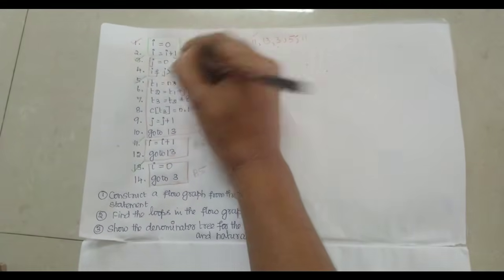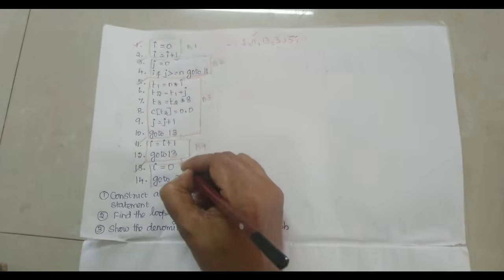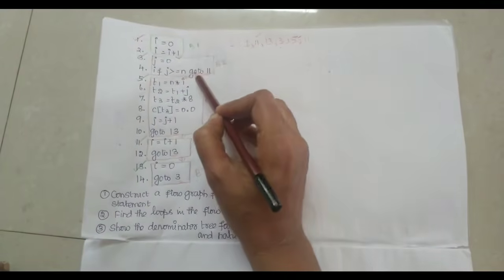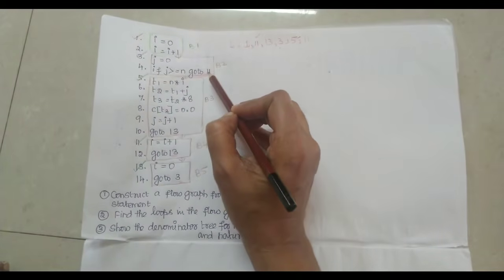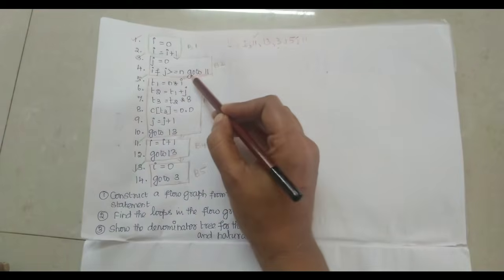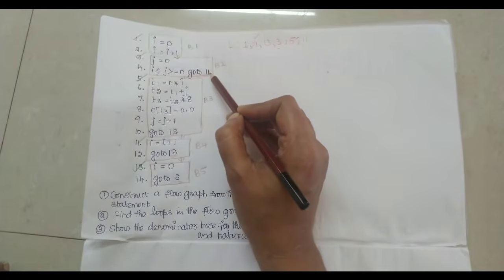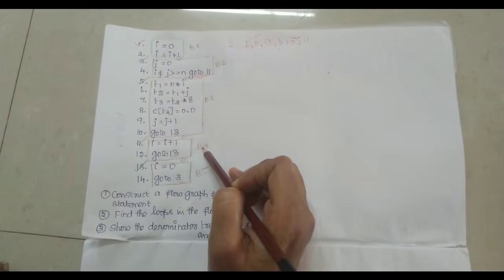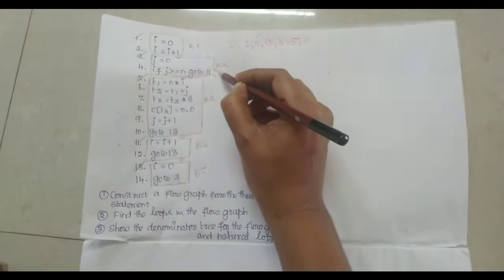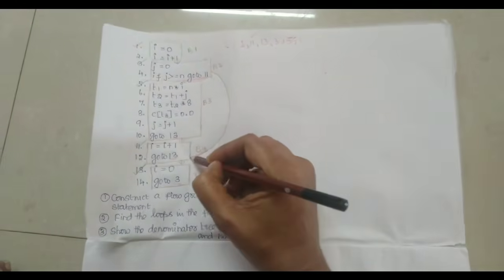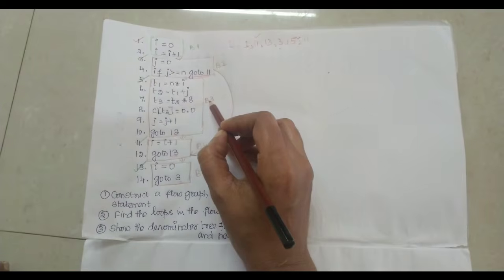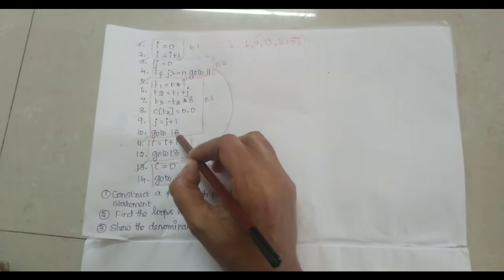After finding the basic blocks, you have to give the flow also. So from basic block 1 there is a flow to basic block 2, and we can also see a flow from basic block 2 to statement 11. So what is the block of the 11th statement? It is B4. So there is a control flow from B2 to B4. And from basic block 3 it is going to 13.